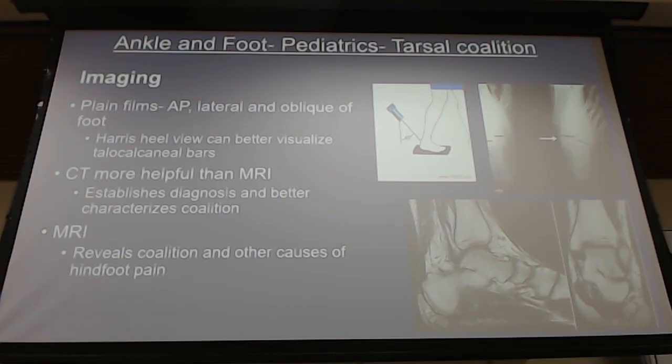Now I'm telling you that if your x-ray is inconclusive for a talocalcaneal coalition, then you get a CT scan. It doesn't mean that you cannot get an MRI in either one of those cases. One study is just better than the other.